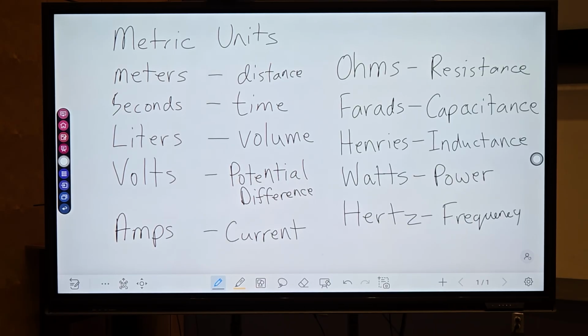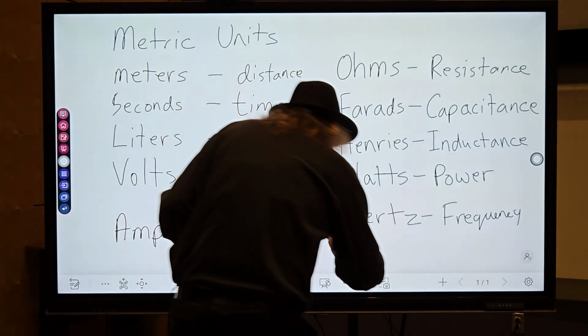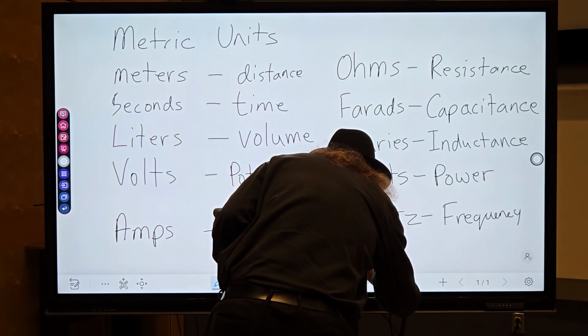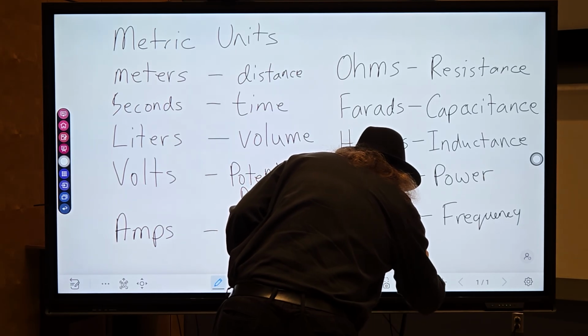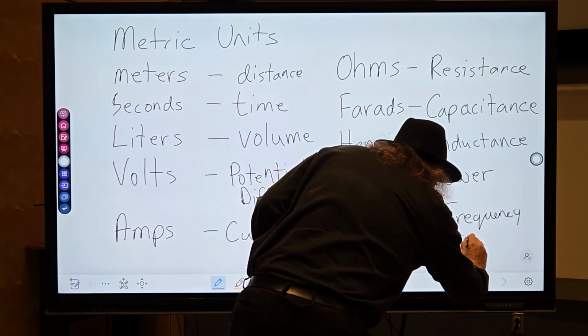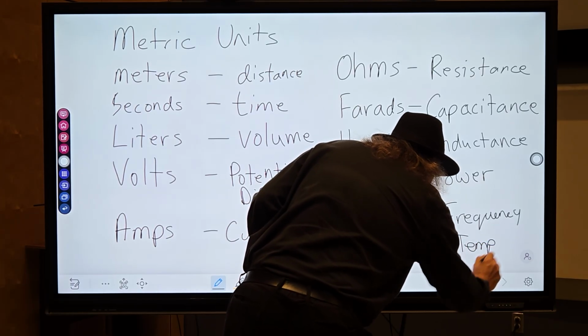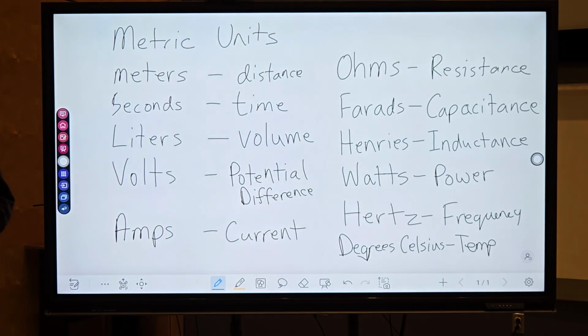There's a bunch of other metric units for measuring all different types of things, but these are the primary ones that you use in engineering. Oh, well, I guess first, you get degrees Celsius for temperature.